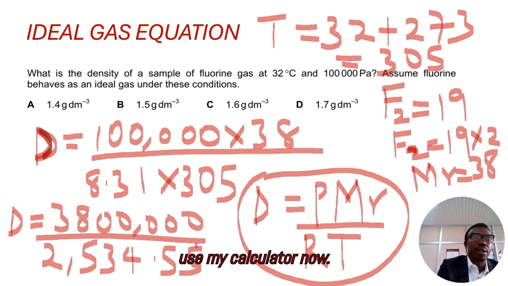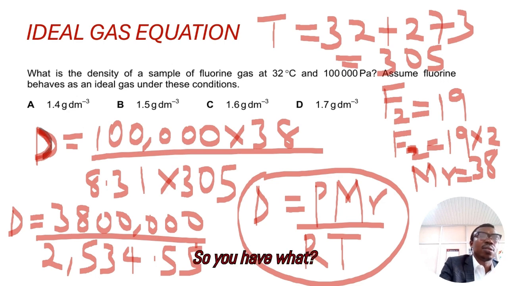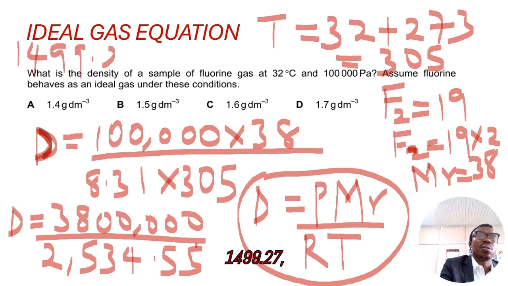So 38,000 divided by 2534.55 gives 1499.27.